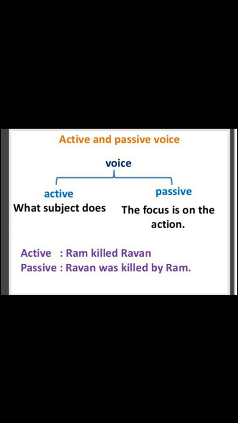The active: Ram killed Ravan. Here Ram is subject, killed is verb, and Ravan is object. Now Ram is doing the action here.